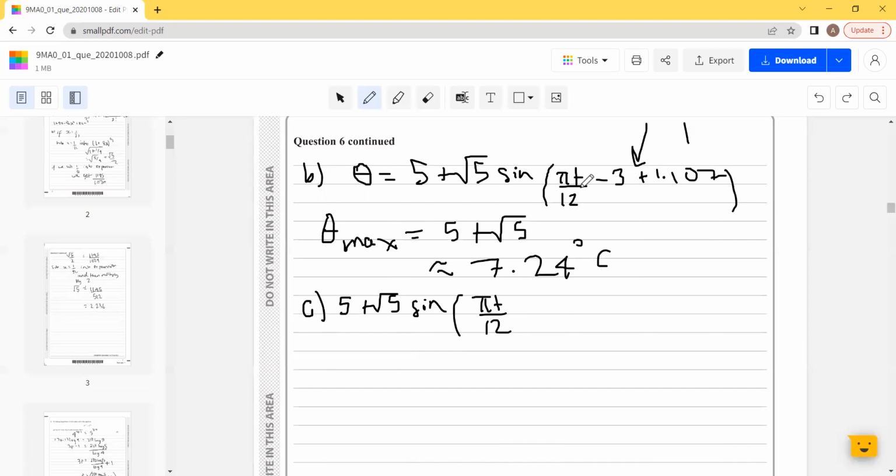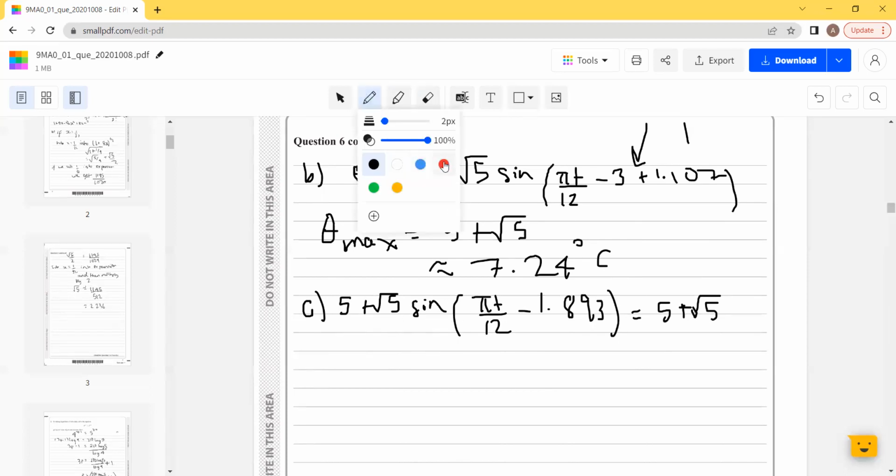Now, instead of writing this as minus 3 plus 1.107, I'm going to just say minus 1.893 is equal to 5 plus root 5, because that's the maximum. So now, as you can probably see why I've said you can just solve this equal to 1. That's what we're going to end up doing.